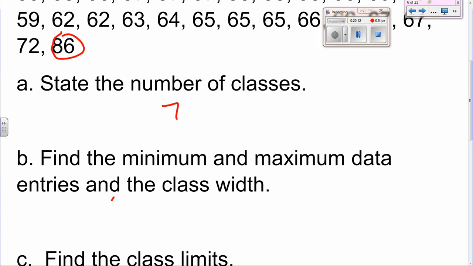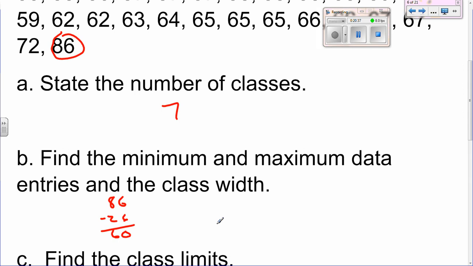So you do 86 minus 26 gives you 60. And then to find the class width, you do 60 divided by 7. So it gives us 8.5.